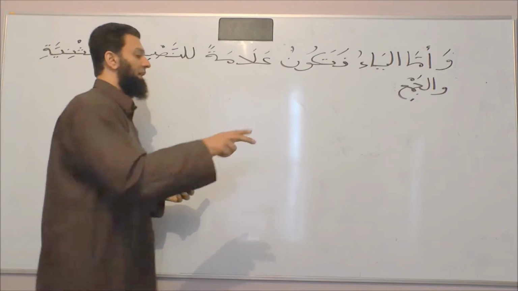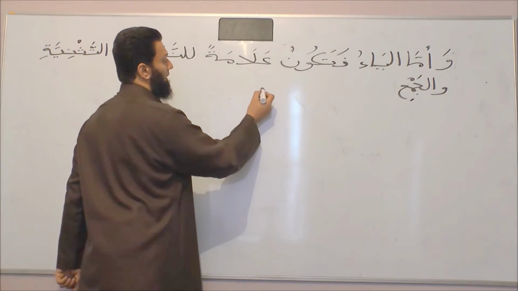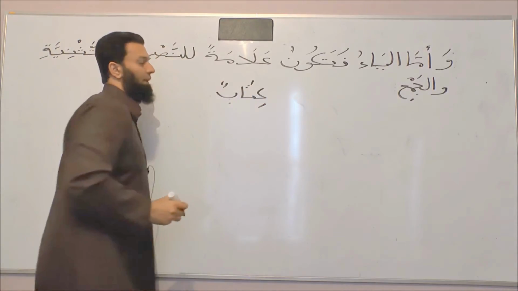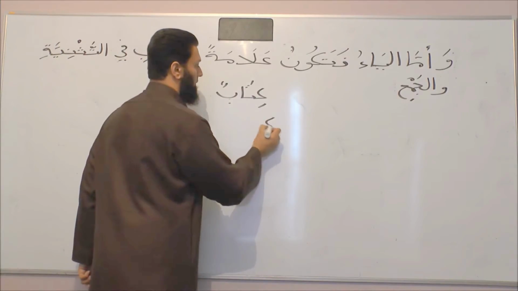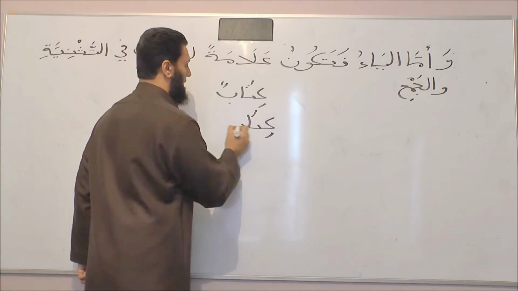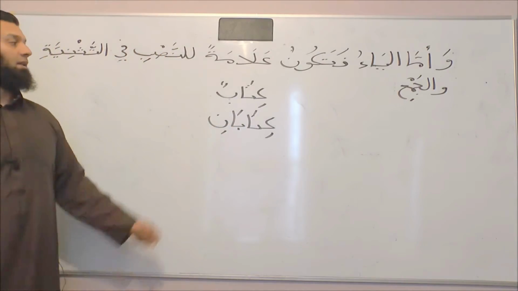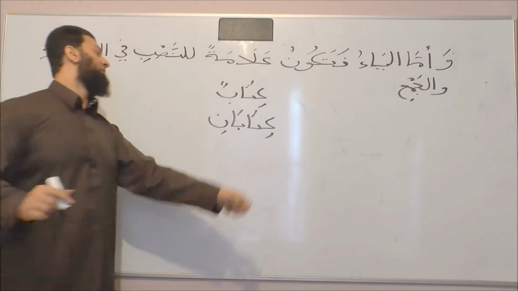So how do we say a book? Nice and simple. Kitabun. How do we say two books? Kitabani. We've already done all of this, right? That's al-mufradu, that's al-muthanna. What state is kitabani in?